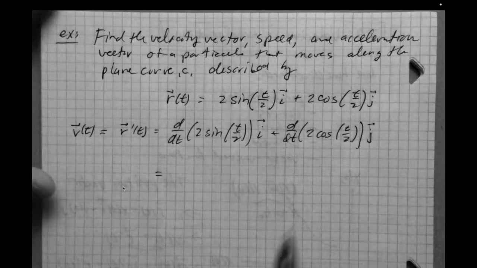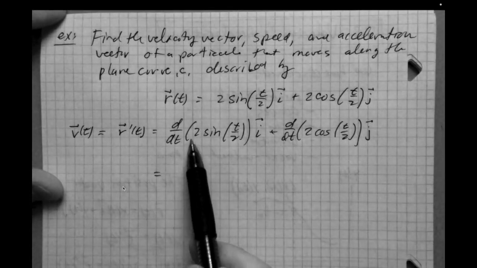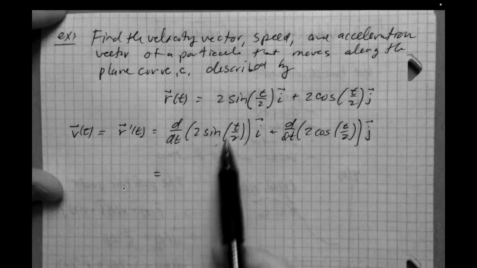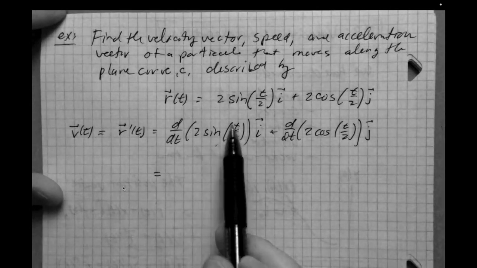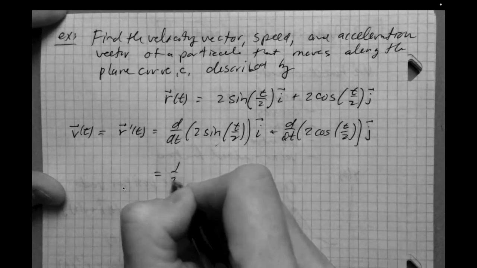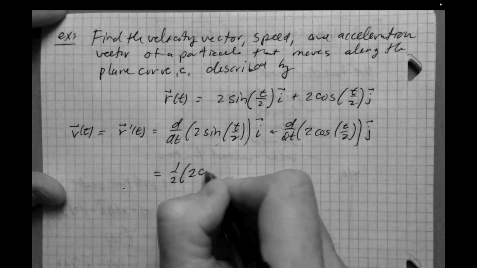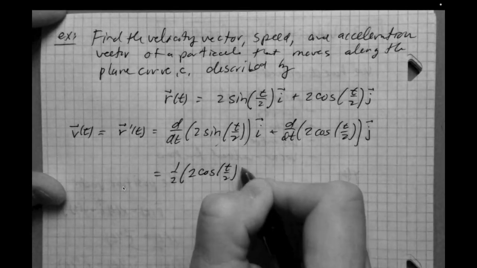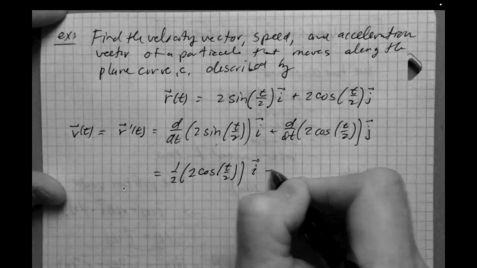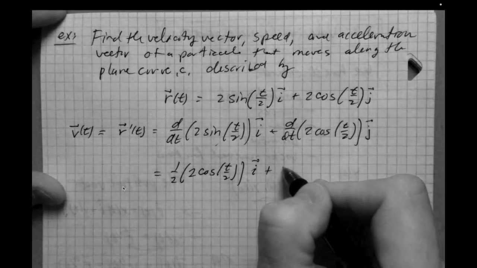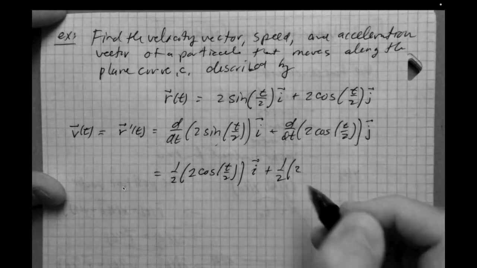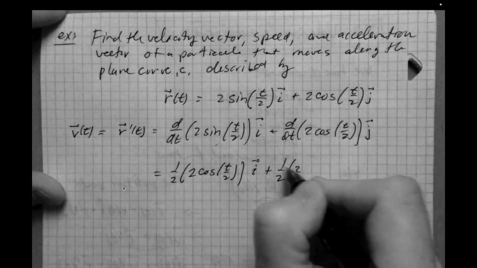And so what do we get here? Well, this would be the chain rule from Calc 1, recall. So this would be 1/2 times 2, and now instead of sine, it'll be cosine of t over 2 times i plus, and then the same kind of thing here, 1/2 times 2, actually it'll be negative, won't it?